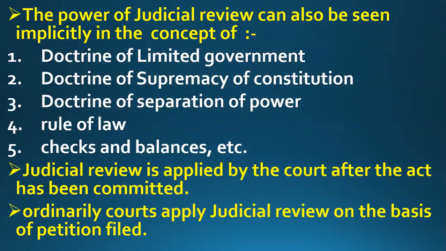When the law is in the making stage, at that stage the Supreme Court will not apply judicial review and will not declare that law invalid. But once the making of the law is completed, means the law has been made, now the Supreme Court will do judicial review of that law, and if it finds that this law actually violates the constitution, then the Supreme Court will declare that law invalid.